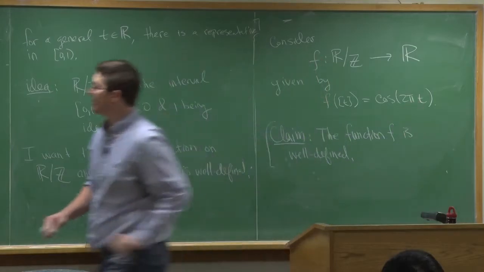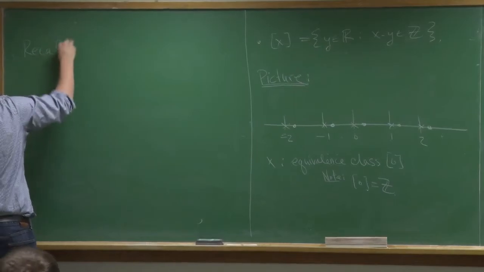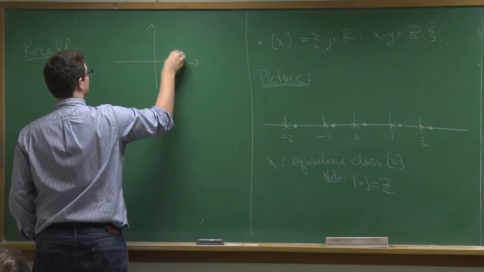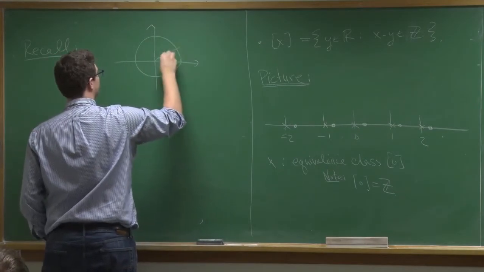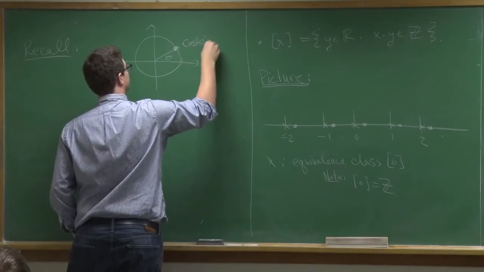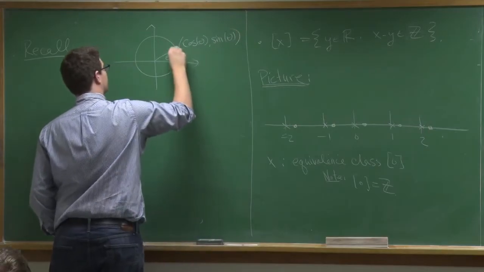So let me just remind you about the unit circle. Recall, we have this unit circle, and given a theta here, this is cosine of theta, sine of theta, and this is the angle theta.